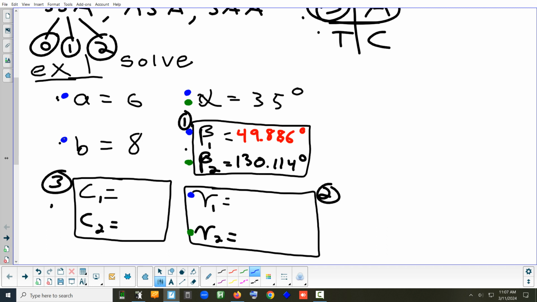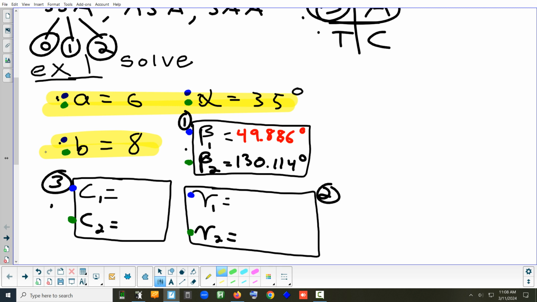B was given, so it's also in the blue problem. And C1 is part of the blue problem. So the 6 dots you see in blue are the three sides and three angles in that problem. And then A is in the green one, B is in the green one, and C2 is the green one. So we're solving two problems at the same time, just using the same table to do it, because the A, the B, and the alpha are in both problems.